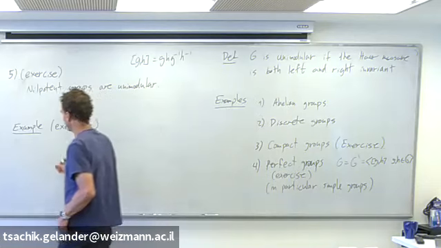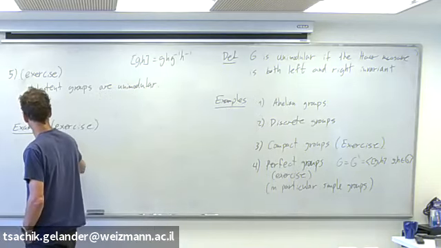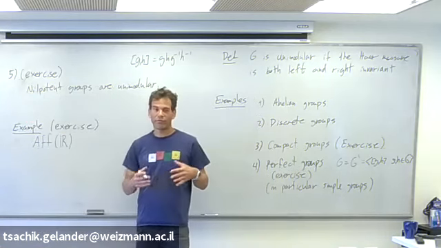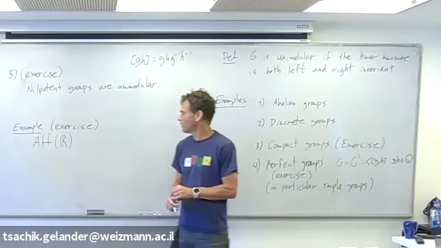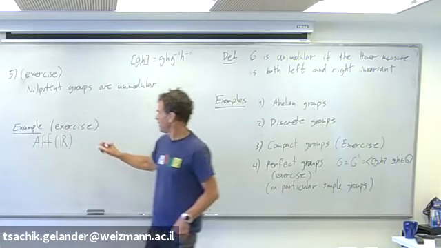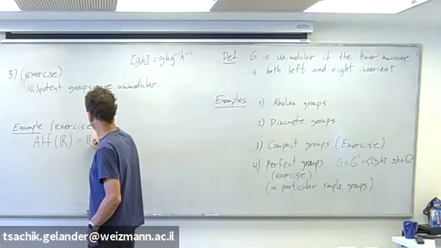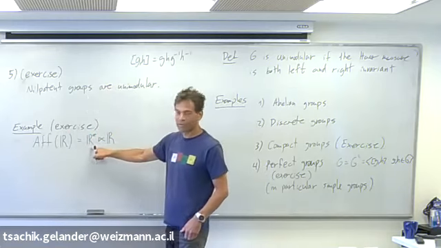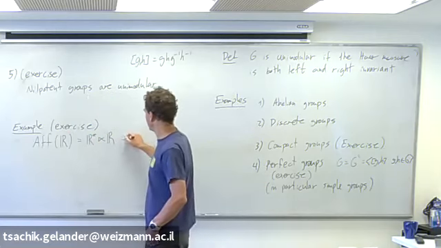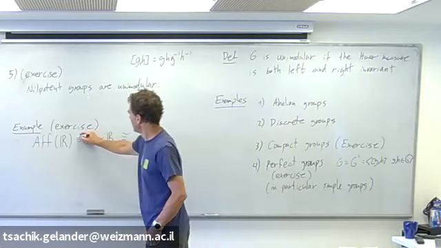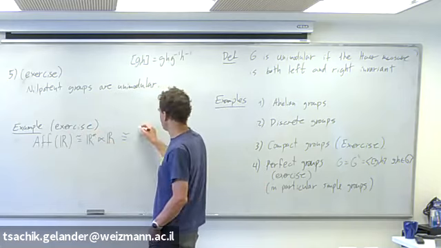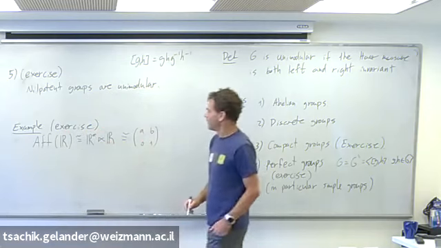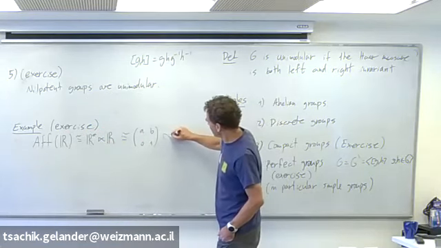The group of affine transformations of the real line. An affine transformation of R is just a translation and a homothety. You can write this group as R star semi-direct R by translation, or as the group of 2 by 2 matrices of this form, acting on R in this way.